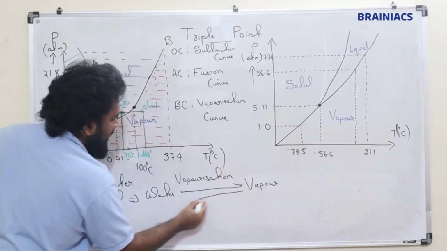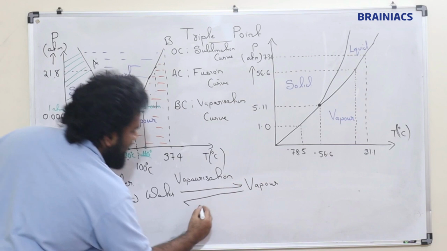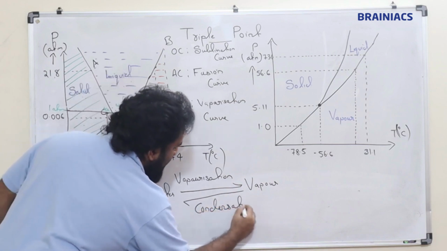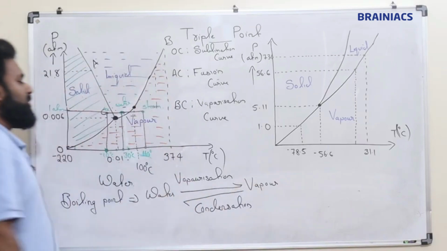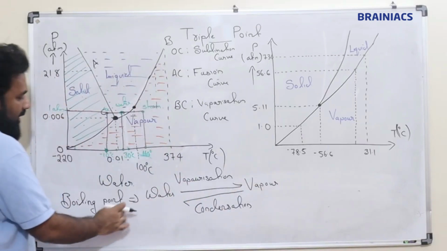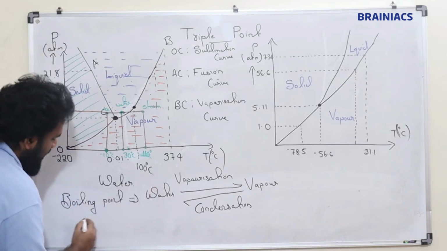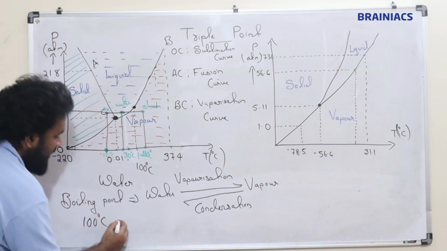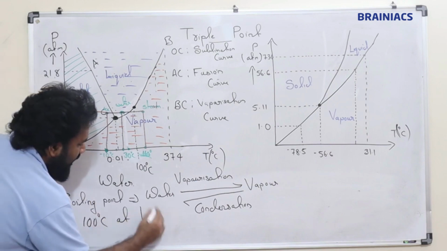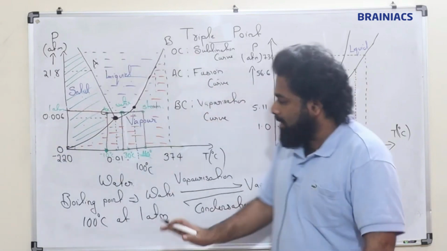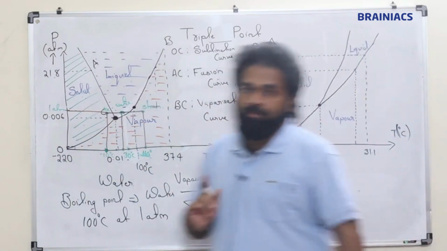And if vapor converts into water, this is called condensation. Both are to and fro process. Vaporization, condensation. So boiling point of water is what? 100 degrees Celsius. At what? At 1 atmospheric pressure. Boiling point of water is 100 degrees Celsius at 1 atmospheric pressure.